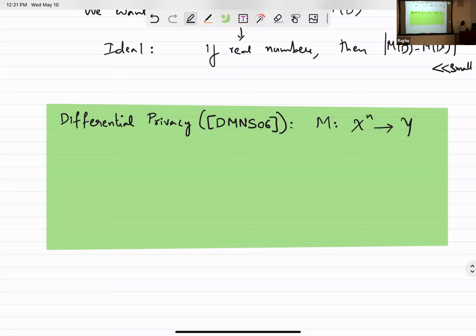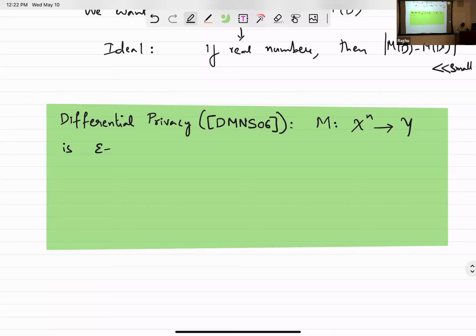Okay. So you have a mechanism M, which takes a database and gives out some answer. We'll say the mechanism is epsilon differentially private. Think of epsilon as your privacy parameter. Smaller epsilon means stronger privacy.